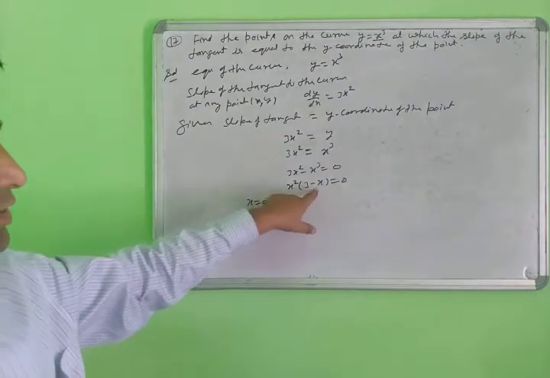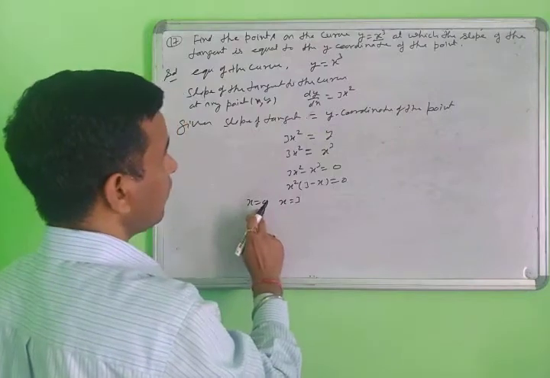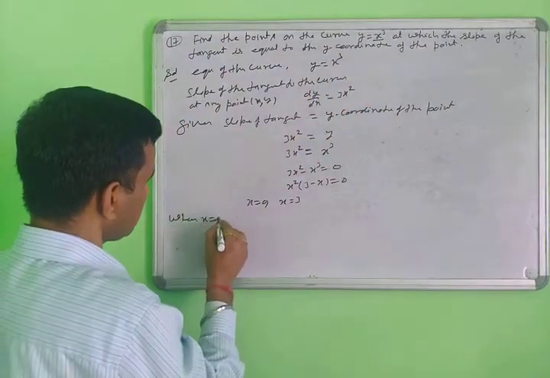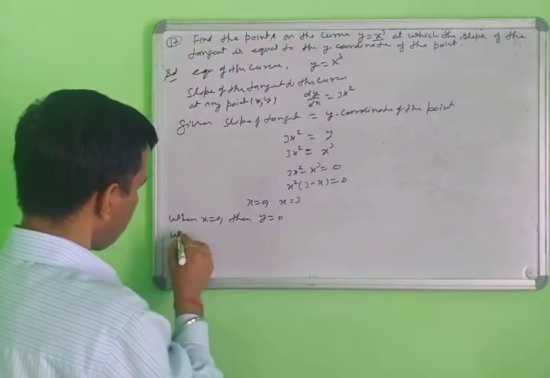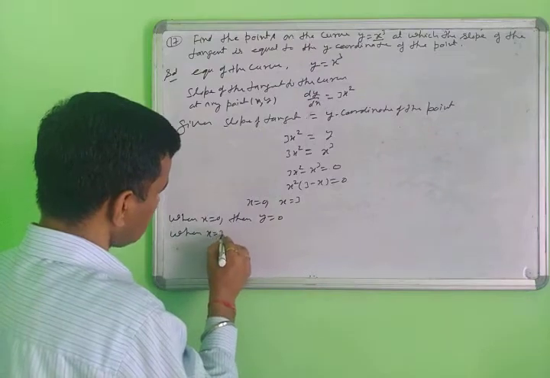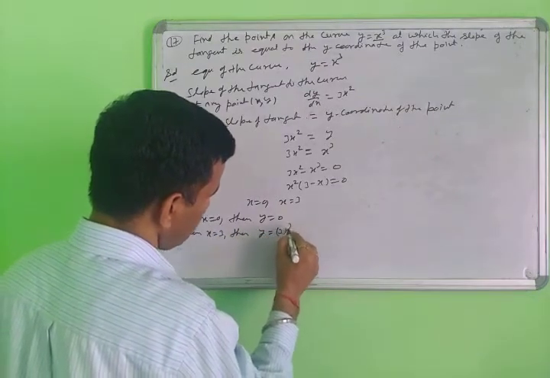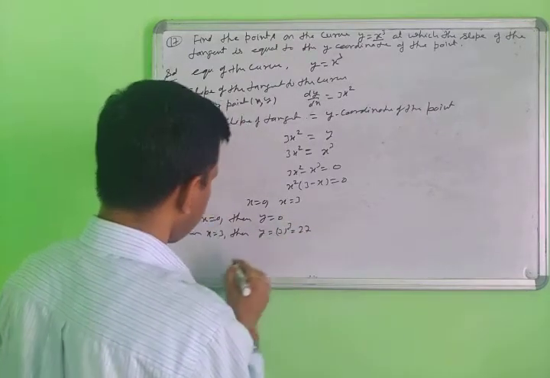Putting x equal to 0, y is also 0. When x equal to 3, then y equal cube of 3, means 27.